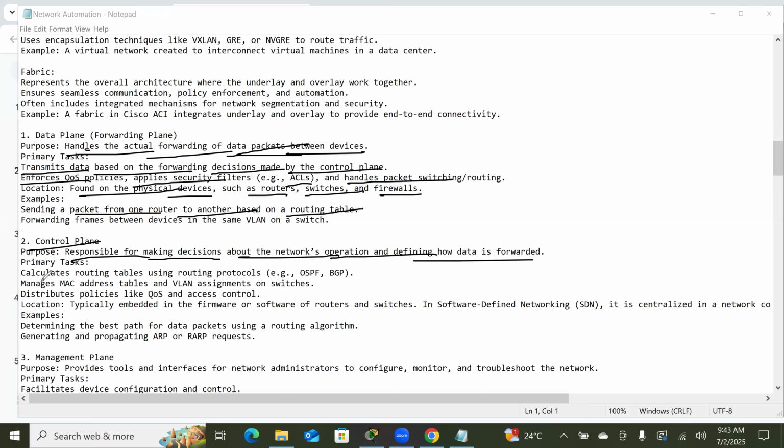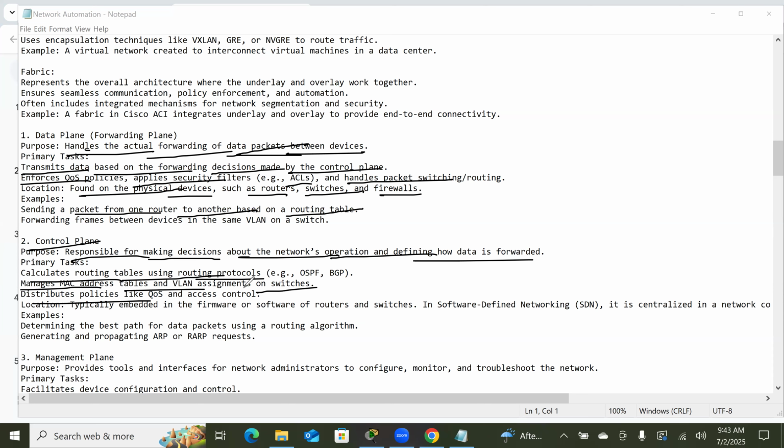It calculates the routing tables using routing protocols, for example OSPF, EIGRP, BGP, or static or default routes. It also manages the MAC address table and VLAN assignment on the switches, and distributes policies like quality of service and access control.